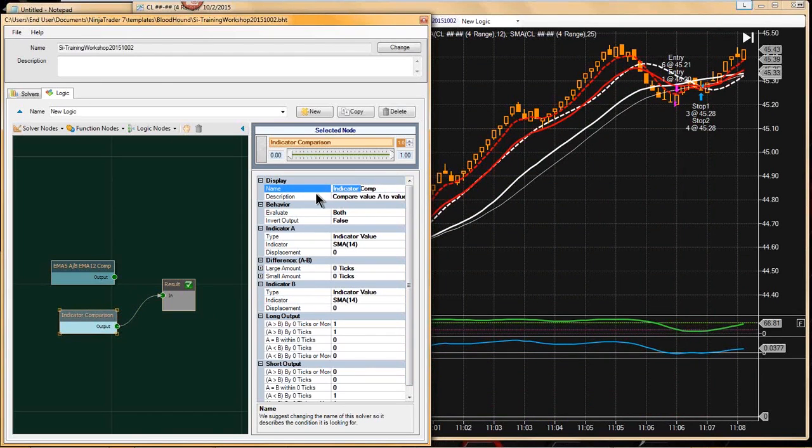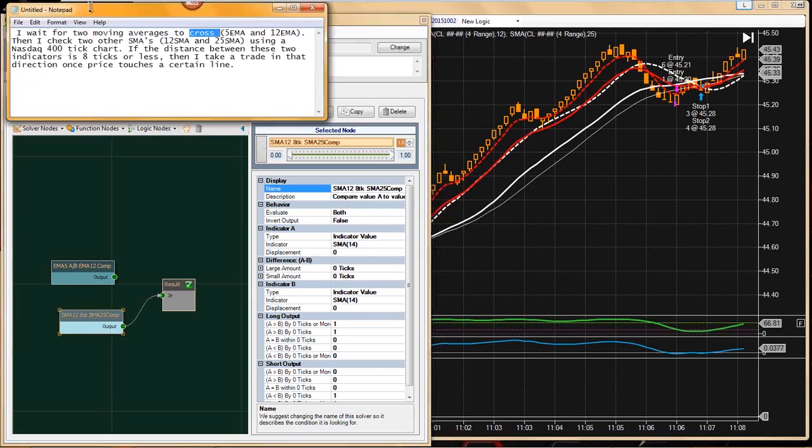This time it's the SMA 12 to be within 8 ticks of the SMA 25.